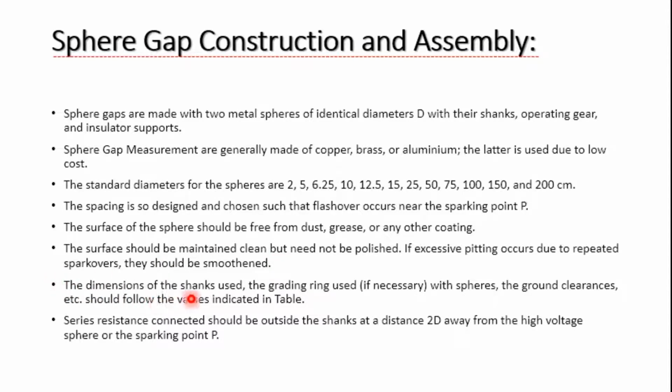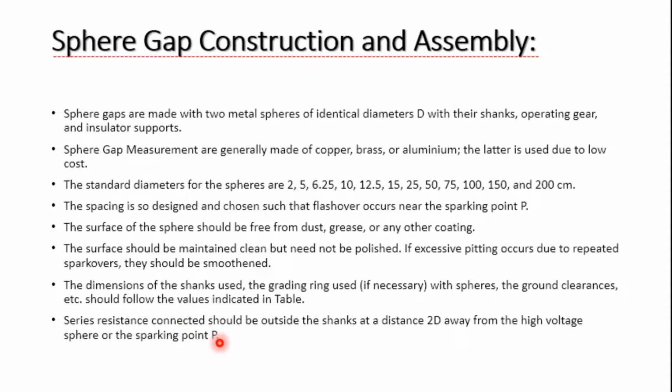The dimensions of the shanks used, the grading ring used with the spheres, the ground clearance, etc. should follow the values indicated in the previous table, as well as in the textbook or IEEE standards. The series resistance should be connected outside the shank at a distance 2D away from the high voltage sphere's sparking point.